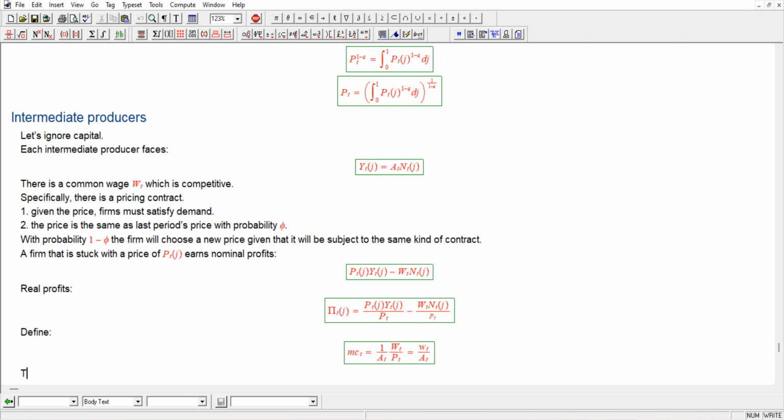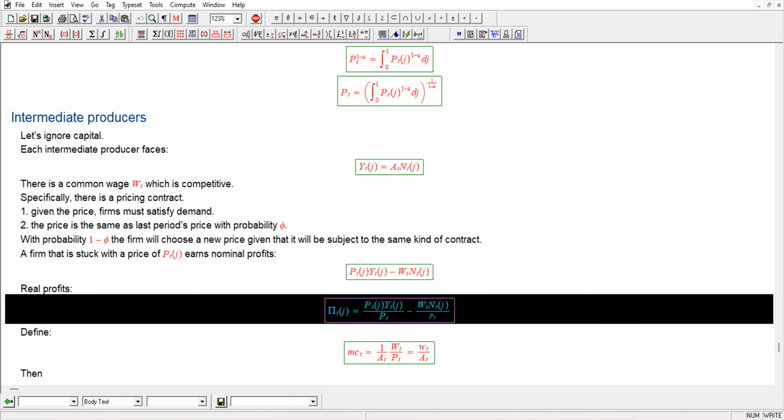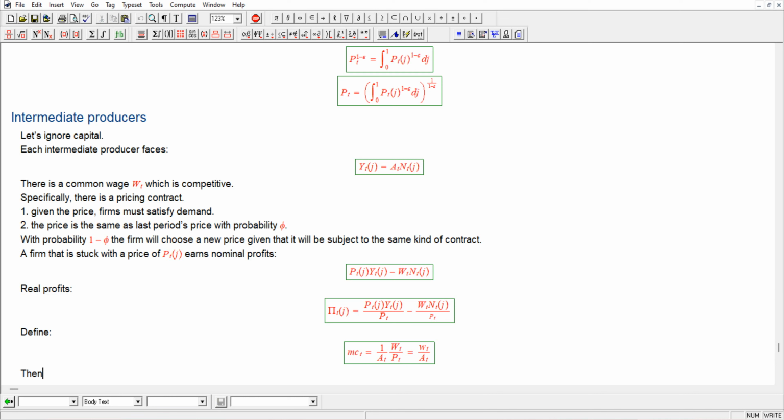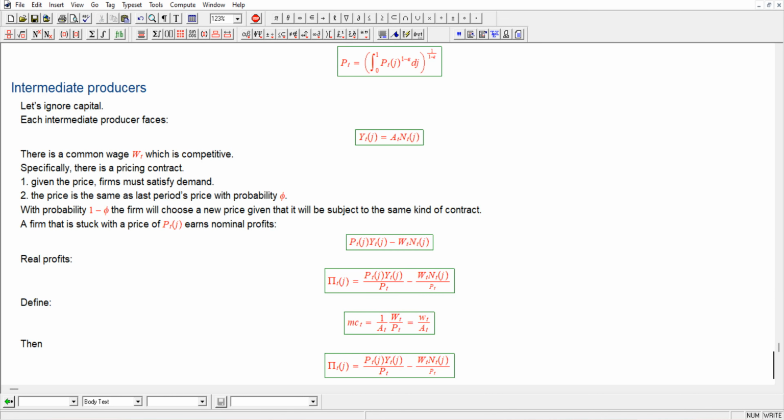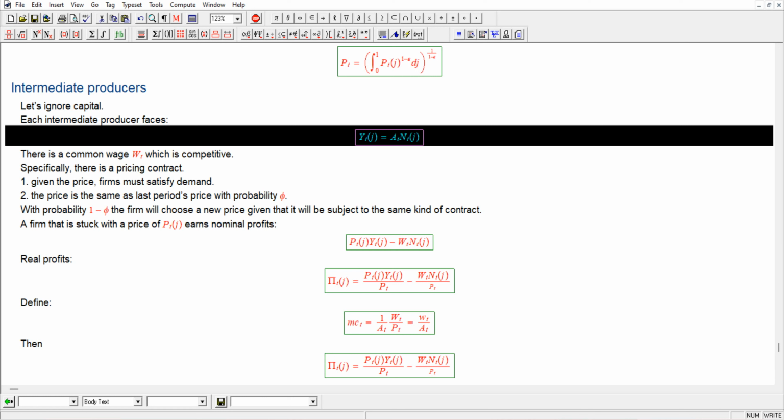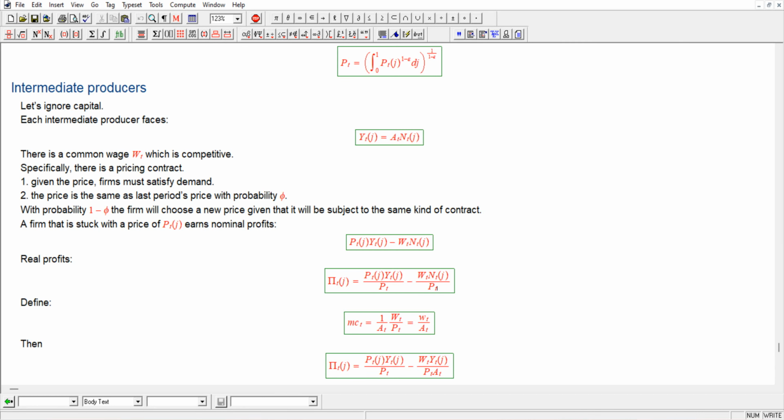Then we can redefine profits in terms of this MC variable. And you can see that since n is y over A, we can simplify this as simply this times the real marginal cost term.